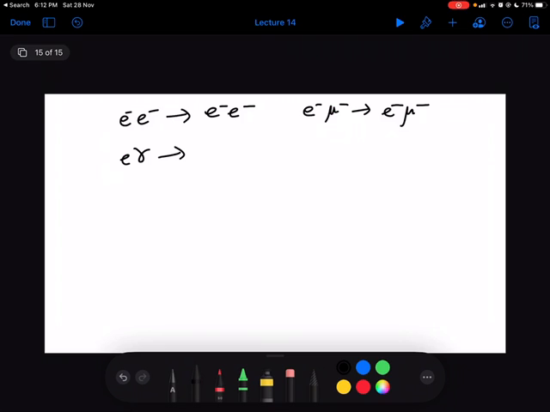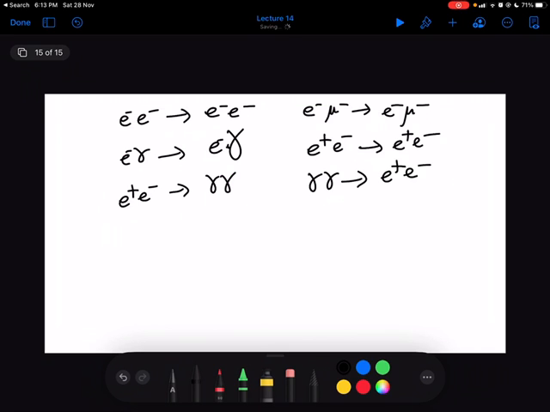There could be a number of processes, like electron-photon going to electron-photon, which is called the Compton effect. There could be e plus e minus going to e plus e minus, called Bhabha scattering. Then e plus e minus going to gamma gamma, called pair annihilation, and gamma gamma going into e plus e minus, called pair creation.